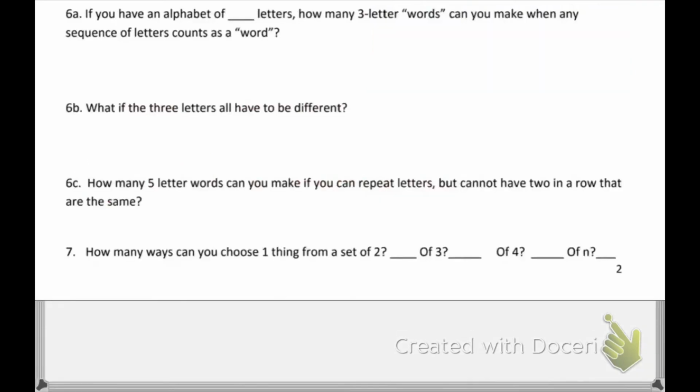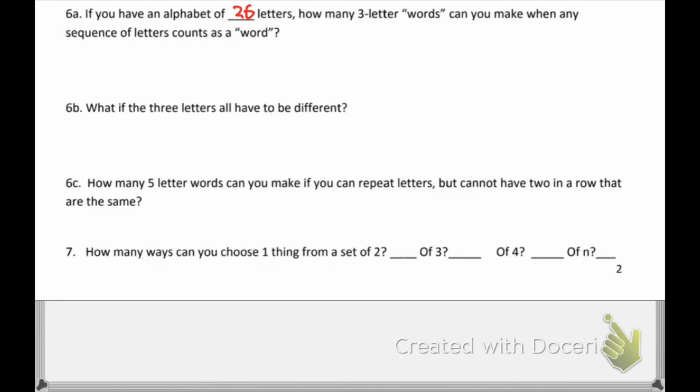Number 6, if you have an alphabet, hopefully you guys remember or know that there are 26 letters in the alphabet. How many 3-letter words can you make when any sequence of letters counts as a word? So we're just looking at a 3-letter combination of letters, and we'll count that as a word.